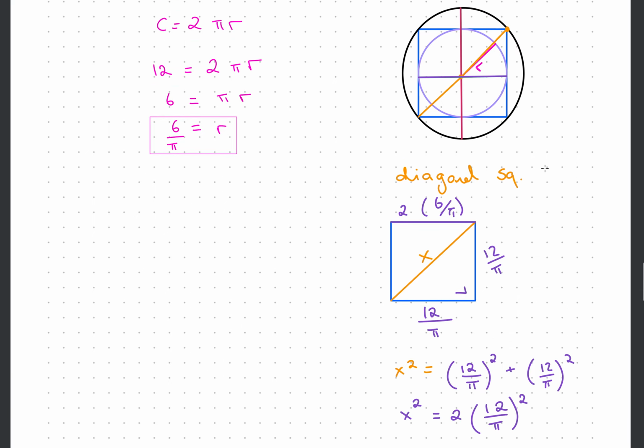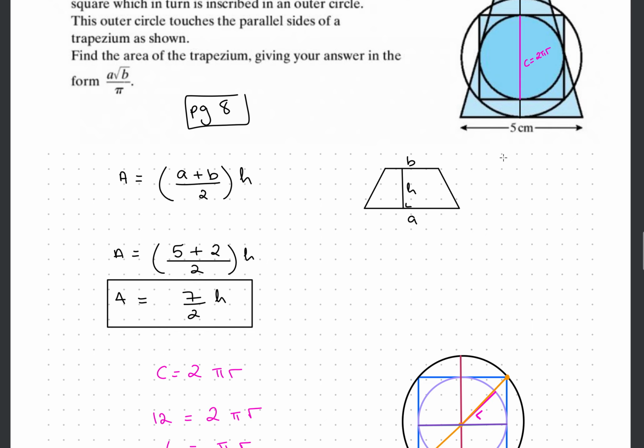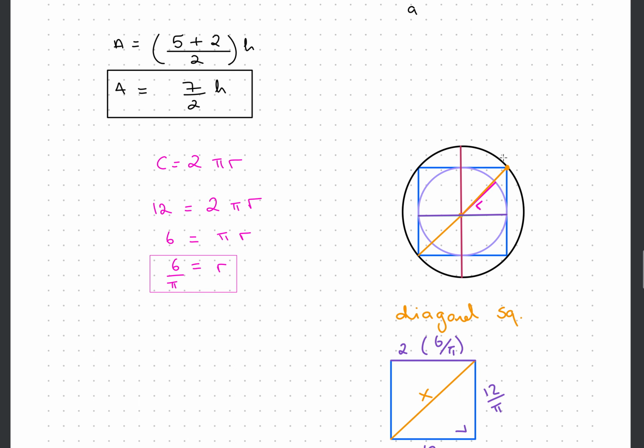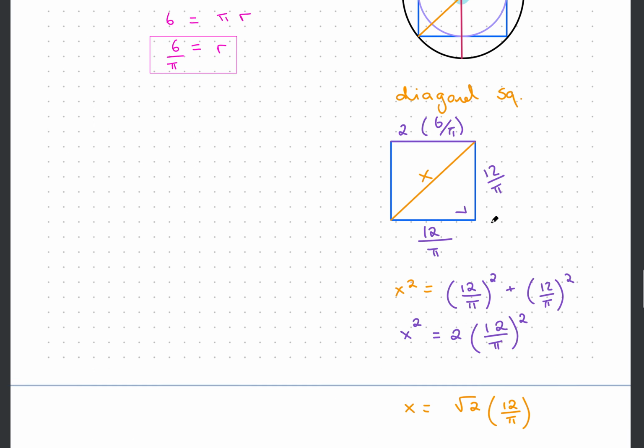That diagonal then, how does that come into play? So that diagonal I was looking for, I actually only wanted part of it. I actually only wanted half of it. That's the full diagonal. I only wanted from here out to here. So let's just highlight that for ourselves. I'm going to highlight it in blue. That's all I wanted. So I'm actually going to divide my answer now by 2.